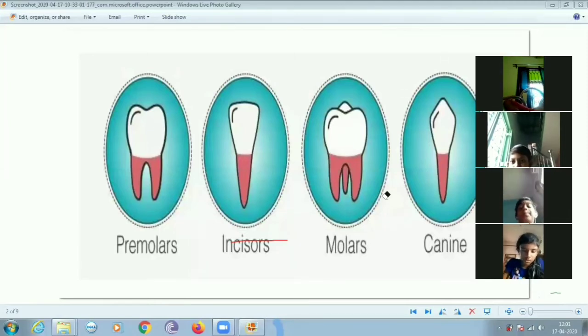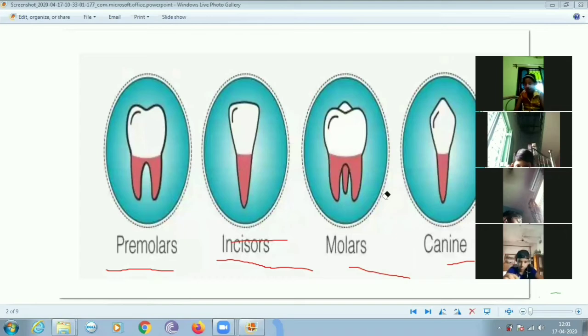So if you add the number of teeth present in the upper jaw with the number of teeth present in the lower jaw, how many incisors will there be in total? 4 incisors in one jaw, but in both jaws? 8. Yes, 8 incisors. And how many canines? 4 canines in both jaws, upper jaw plus lower jaw.